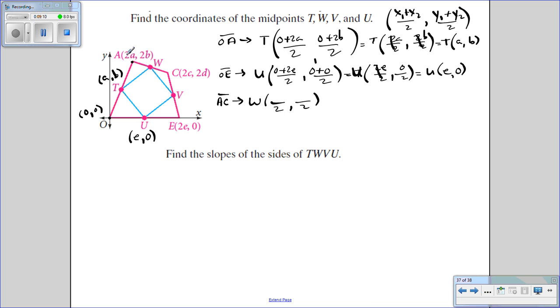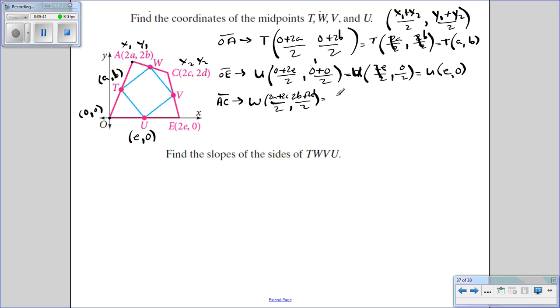Alright. I'm going to label point A as my x1, y1, and I'm going to label point C as my x2, y2. So, let's plug them in. It'd be 2a plus 2c. And over here we have 2b plus 2d.